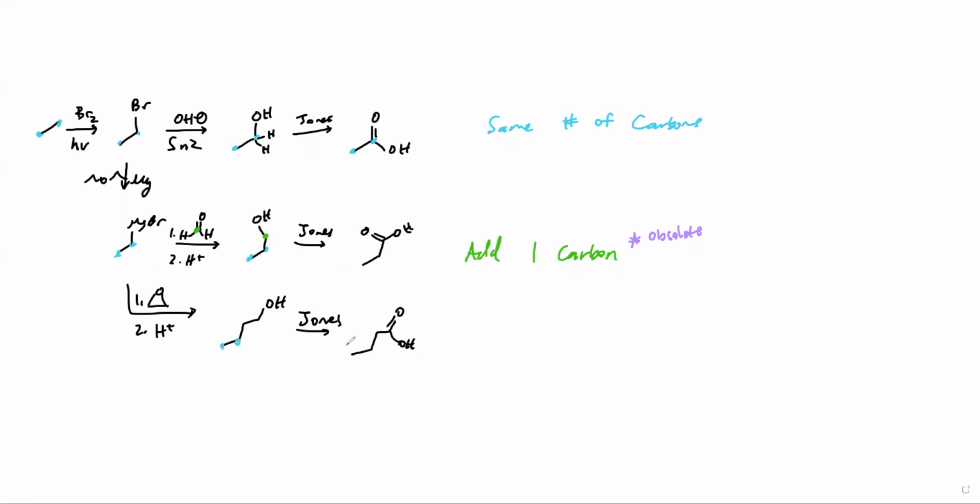It's 2 here and 2 here. But notice how the epoxide adds in these extra 2 carbons here. So an elongation of the chain by 2 carbons, or adding 2 carbons, is what's given to us by the epoxide synthesis.